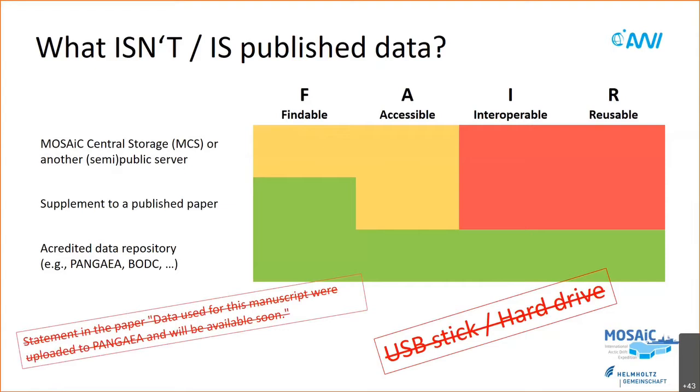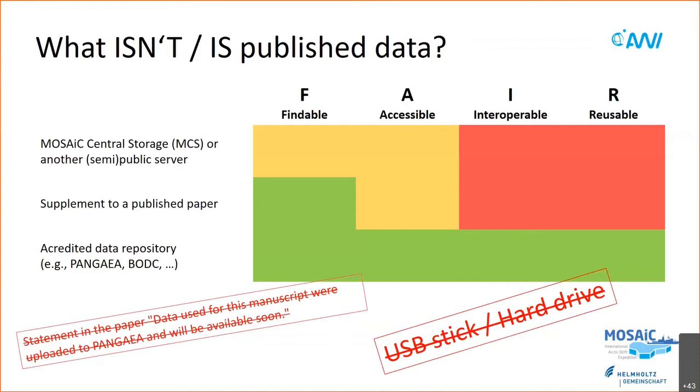There is also often a slight confusion. Also, the data that you share within the MOSAIC project on the MOSAIC Central Storage, MCS, or another public server are not published data. For example, they are not citable, not interoperable or reusable, whereas they are, for example, accessible and findable, at least for your community.